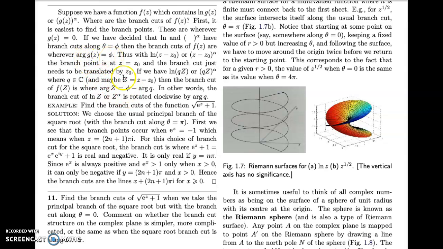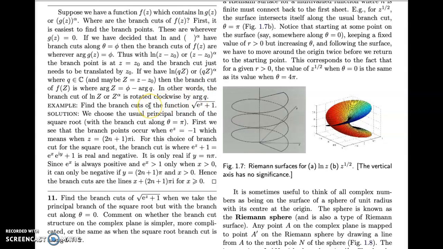This is maybe a more abstract example, which is a bit more complicated than we actually need. But anyway, if you have a situation where you've got q times z and you want to find the branch cut of log of qz, then it ends up being rotated by arg q.